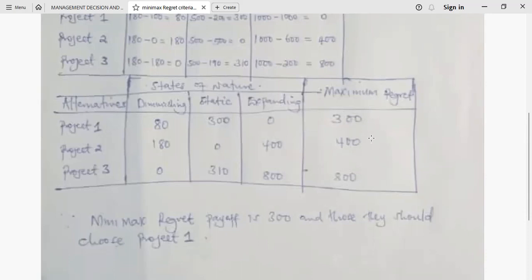The decision point is that we pick the lowest of the maximums, the minimum. And the minimum here is 300. That's why we are taking project 1 to be our project. That's why we are saying the minimax regret payoff is 300.